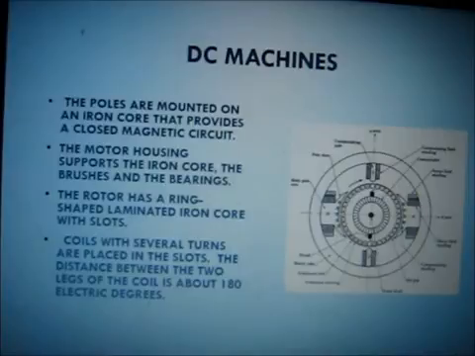The poles are mounted on the iron core that provides a closed magnetic circuit. The motor housing supports the iron core. It has brushes and bearings for easy movement and collecting the current. The rotor is a ring-shaped laminated core. Coils have several turns. The more the number of turns, the more the EMF induced.